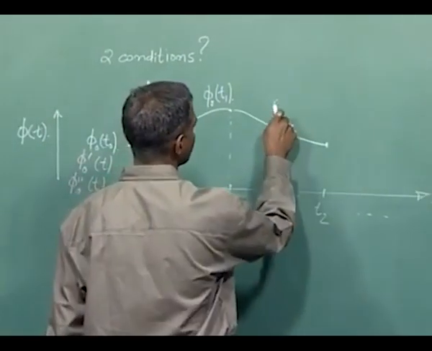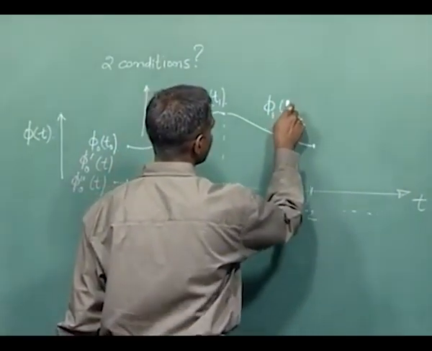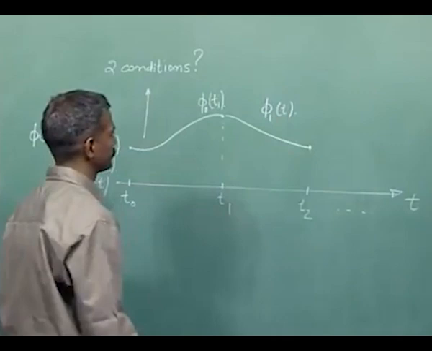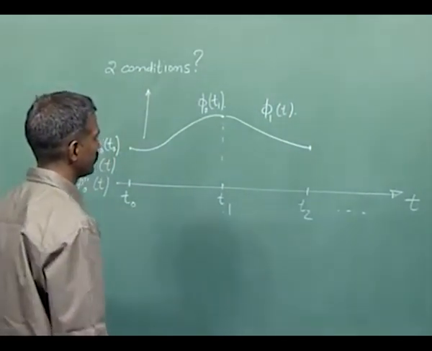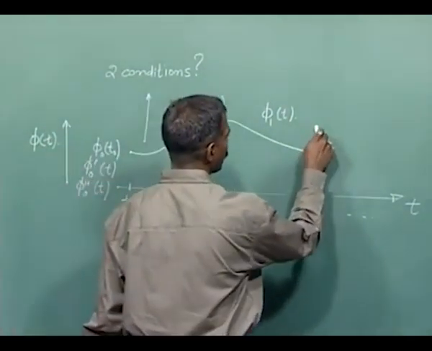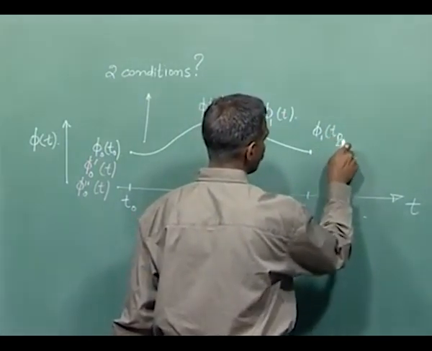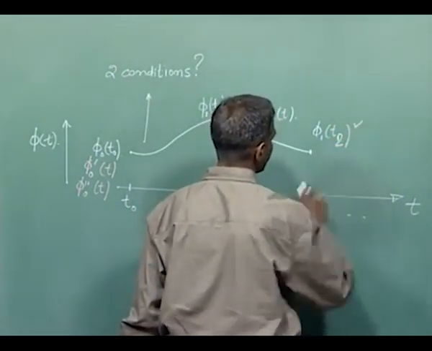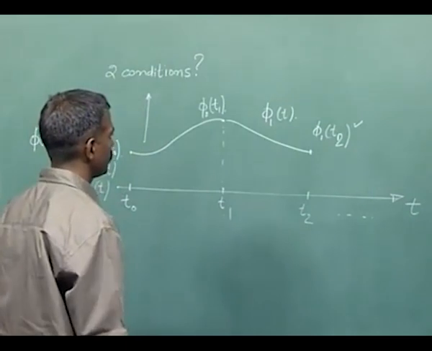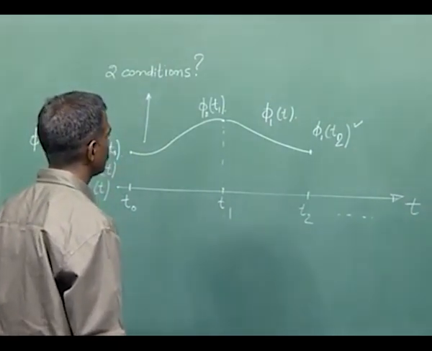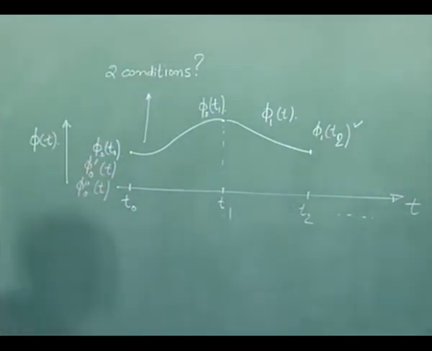Let me call this phi 1 of t. Phi 1 at t2, let's say, is known. That is the first condition. How about the other three conditions?